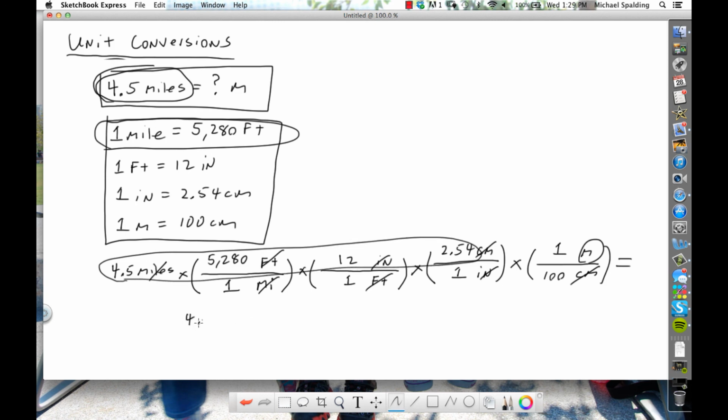So it's 4.5 times 5,280 times 12 times 2.54, and then divided by what's on the bottom? 100. All that divided by 100. So you punch that into your calculator, and what does it give? 7,242 meters. That's good enough.